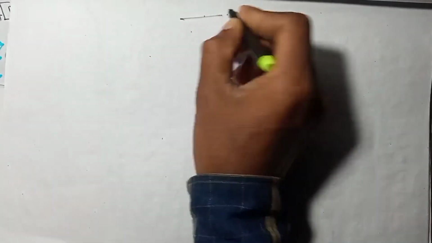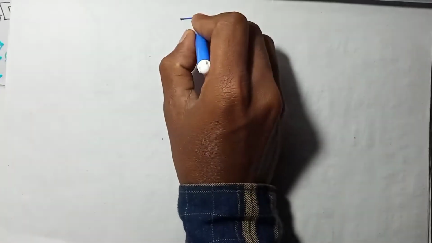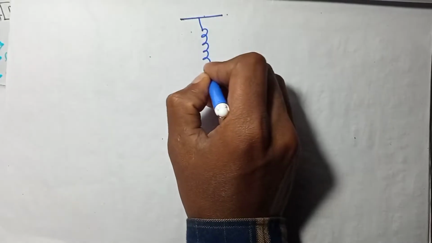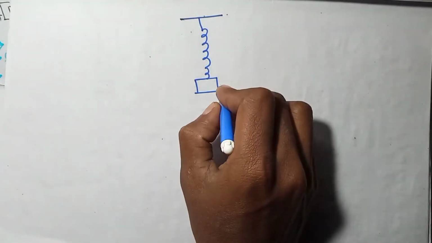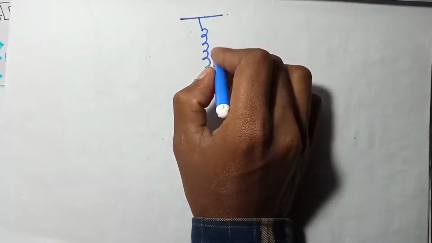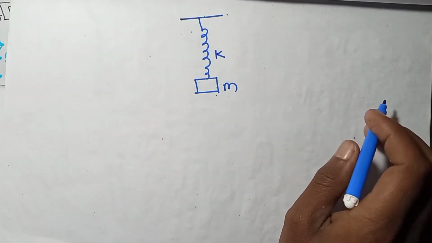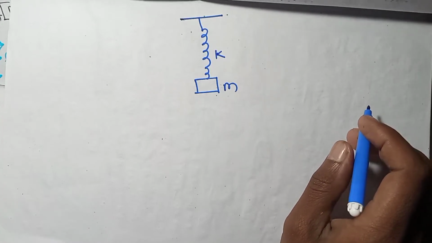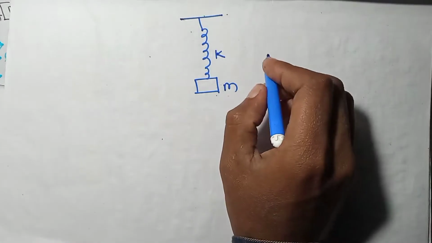So let's see an example to find out the time period of a spring block system. Let's say the mass of this block is m and the spring has a spring constant of k. Now our first task is to find the equilibrium position of this block.